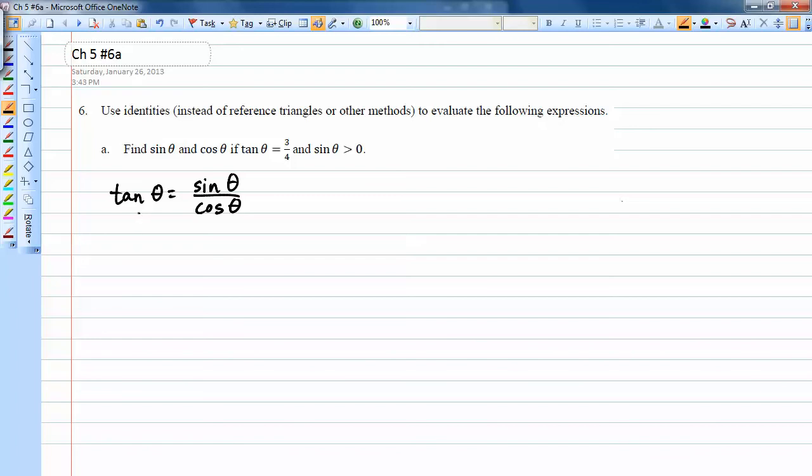One thing we can figure out: tan theta is positive, it's 3 over 4. Sine theta is positive, so that's going to force cosine theta to be positive. That might come in handy.